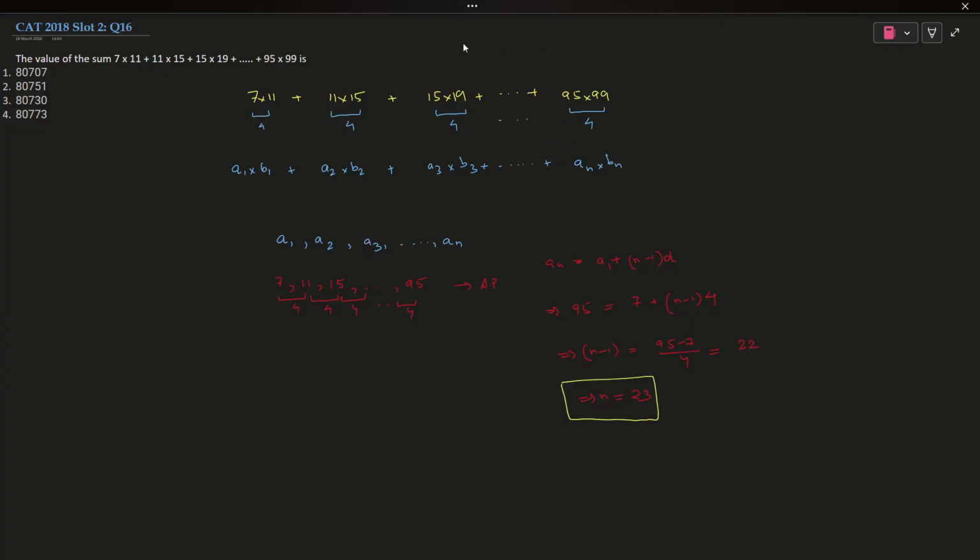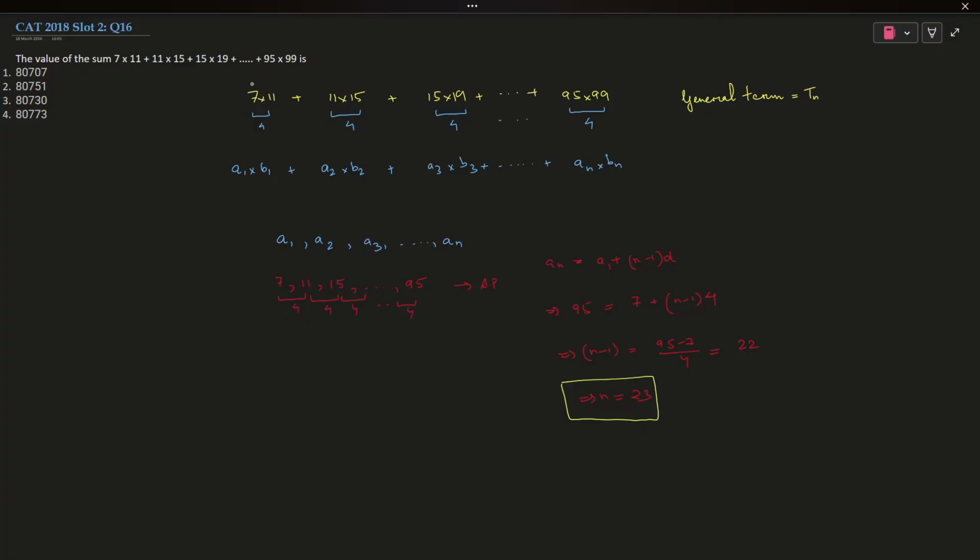Now I need to sum up all this. If I can find the general term Tn, my work will become easier. Looking at the numbers, they are 1 less than a multiple of 4.